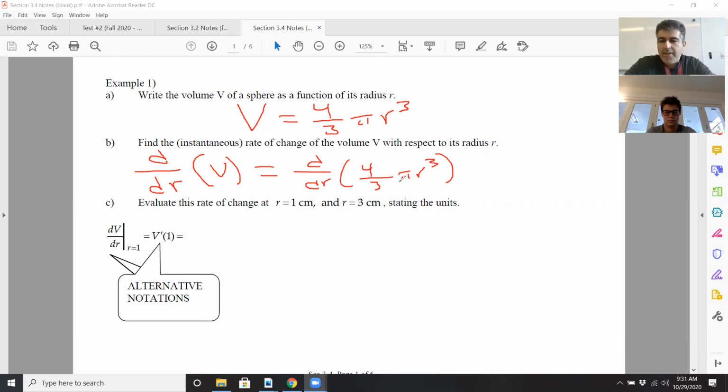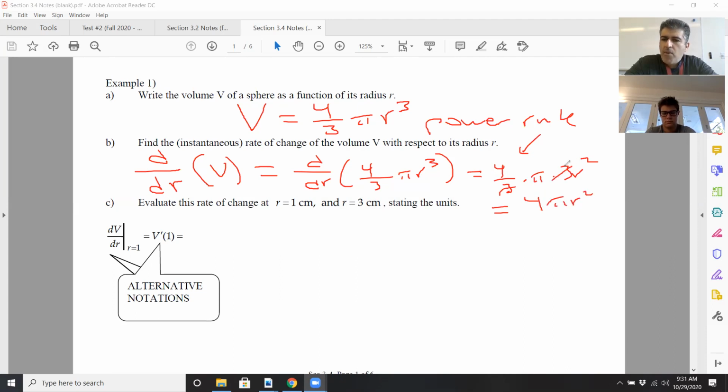We'll talk about that later, in November. But for now, whatever letter you see, just treat it like x and do your power rule. So it's going to be 4/3 times pi times 3r squared. Or if you clean it up, that's 4 pi r squared.